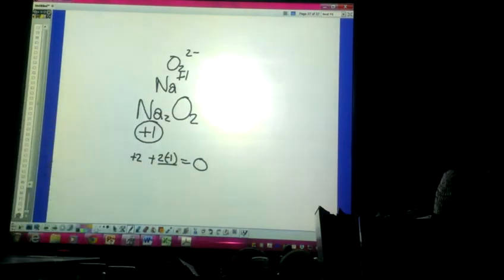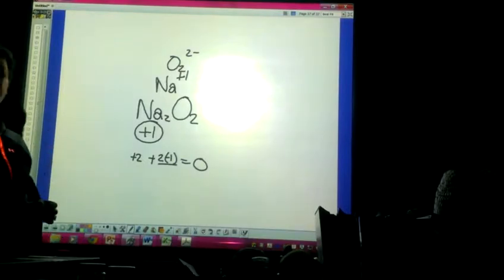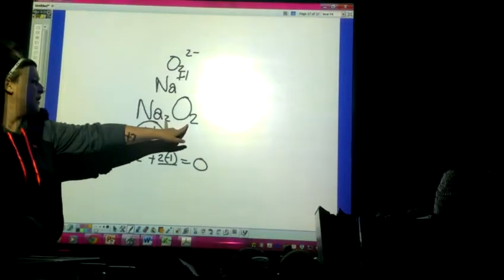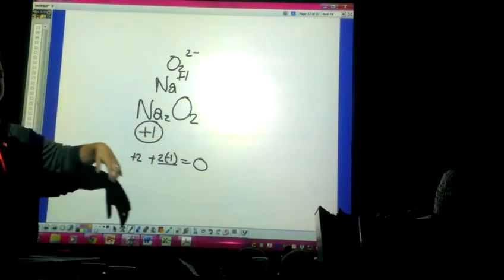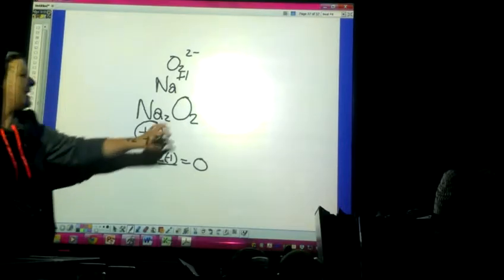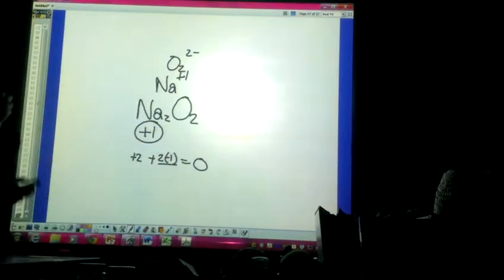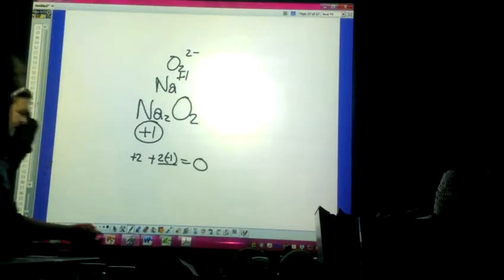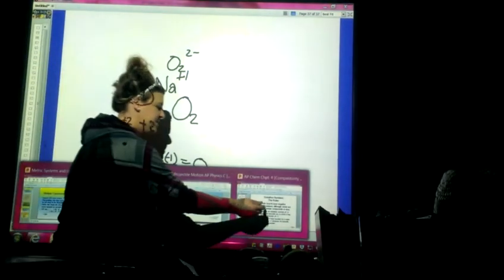So that's why we can say that this is a peroxide. And it's really easy to distinguish peroxides, and that's because of this 2-to-2 ratio that usually happens. You would cancel it out to be a 1-to-1, so it should just read NaO, but I can't get rid of that 2 there. So because of this, I think that it's pretty easy to distinguish peroxides. Okay, let's go to the next one.